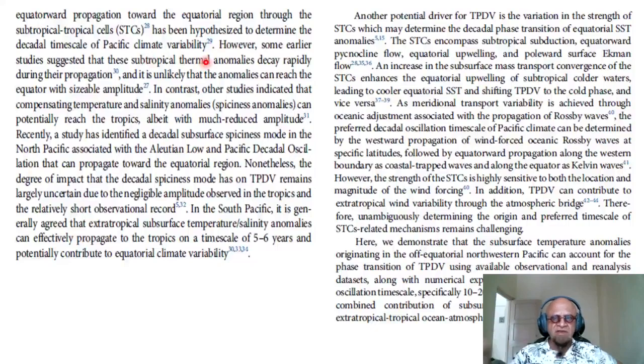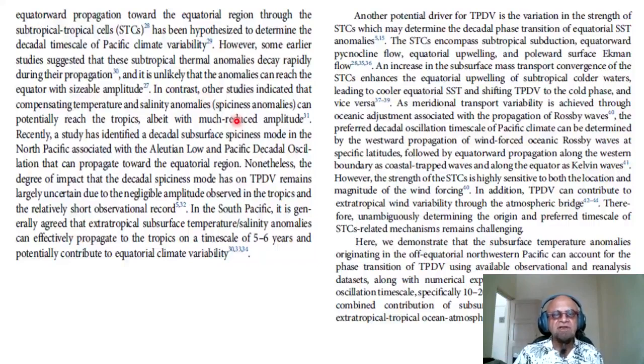I've discussed this over several podcasts by now, so this is just adding more details. So off-equatorial anomalies are produced, and they come in and affect, as we'll see in a minute, the tropical Pacific decadal variability. However, some earlier studies suggested that these subtropical thermal anomalies decay rapidly during their propagation, and it's unlikely that the anomalies can reach the equator with sizable amplitude to make a change.